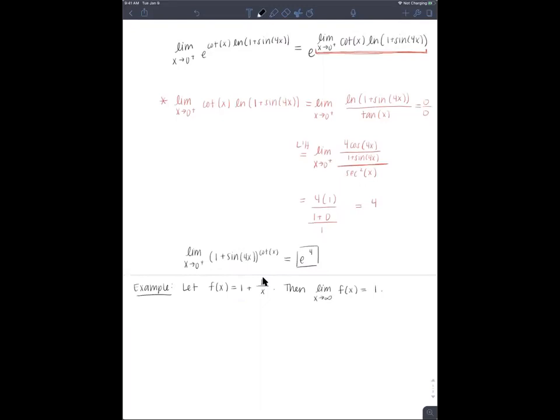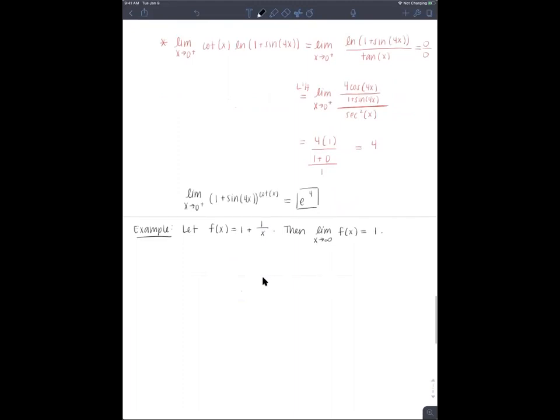And so here, to see why 1 to the power of infinity is not going to give you 1, let's look at the limit as x approaches infinity of f of x to the power of x. Here, you're actually going to get e, right?